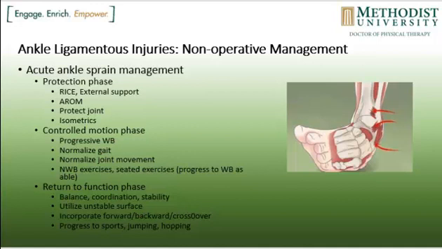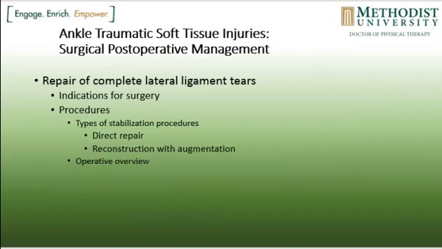Begin to utilize unstable surfaces such as a Bosu or the blue foam, BAPS board, a mini tramp. Incorporate forward, backward, and crossover movements, not just straight front and back plane movements, and progress to sports activities, jumping, hopping, plyometrics. Make sure that you're getting the patient back to the activities that they need to be able to do.